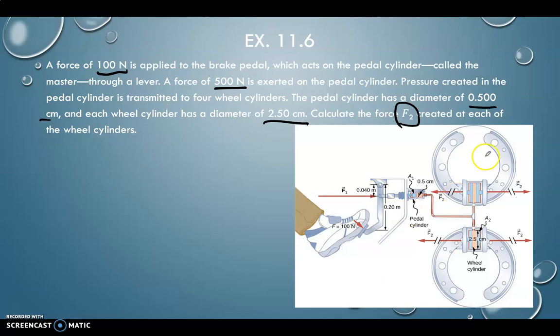So again, we have one force that is applied to the brake pedal here. Okay. Then we have some F1 and then some F2, and we need to figure out what F2 is.